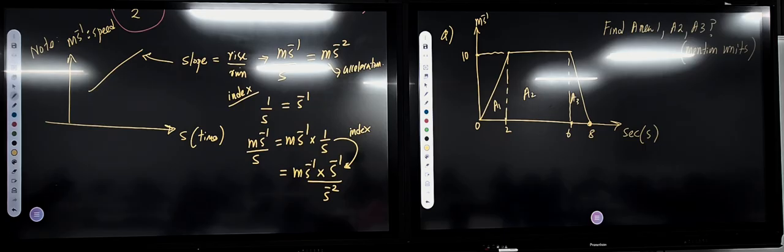Properly do it, I'm going to ask questions. So work around the brain.